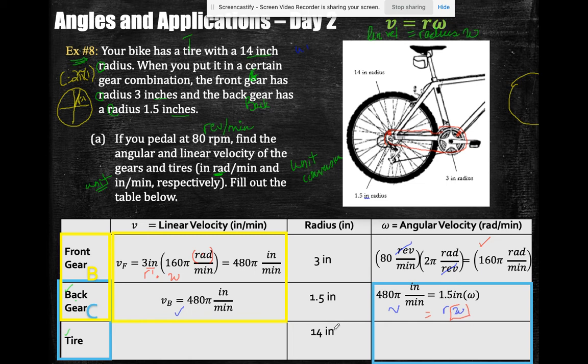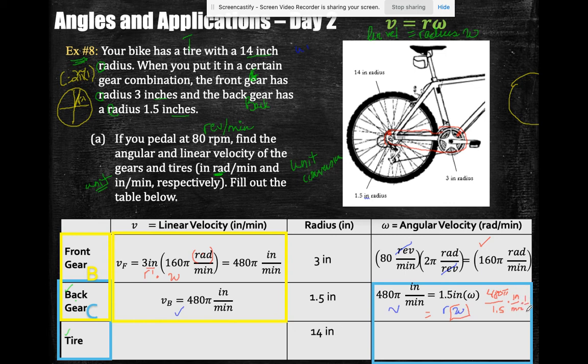Now notice what happens when you do that. Think about your units, right? You're going to get 480 pi over 1.5. You're also going to have inches per minute that went with the 480, but the inches was next to the 1.5.